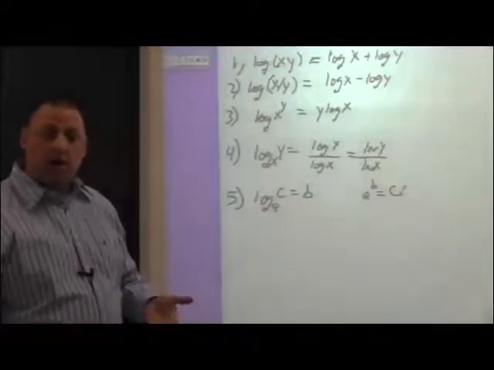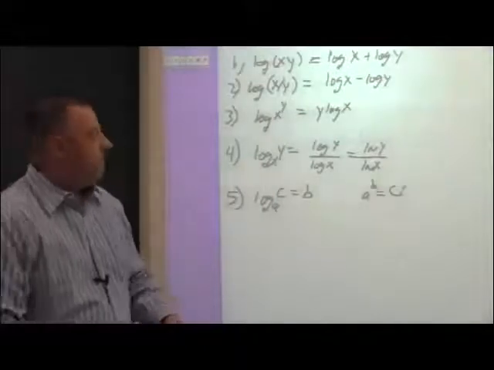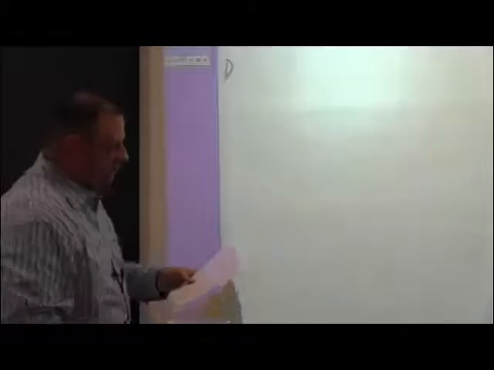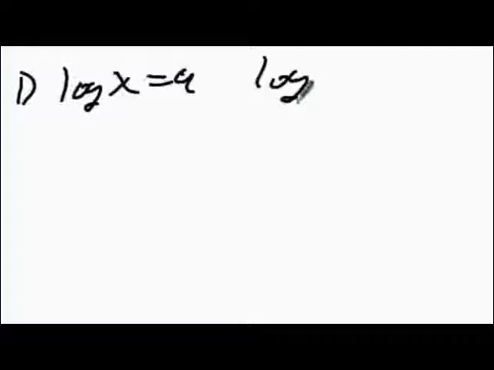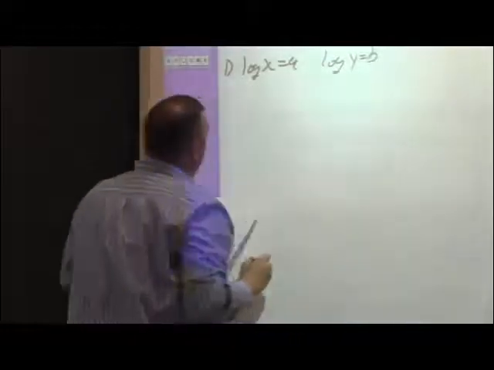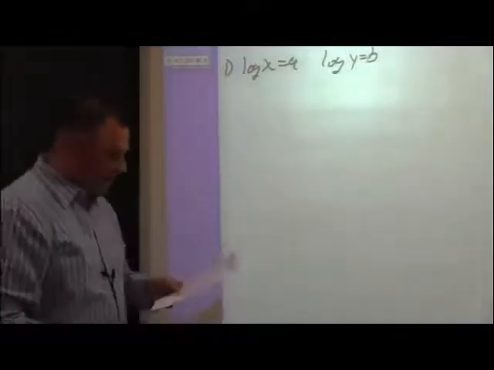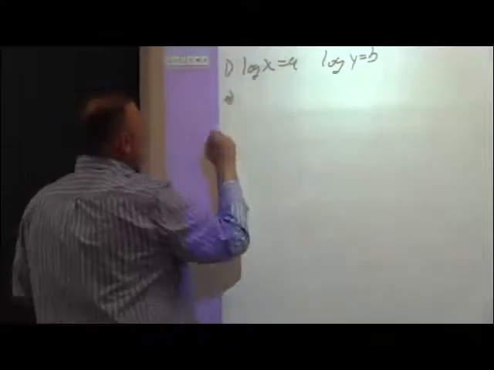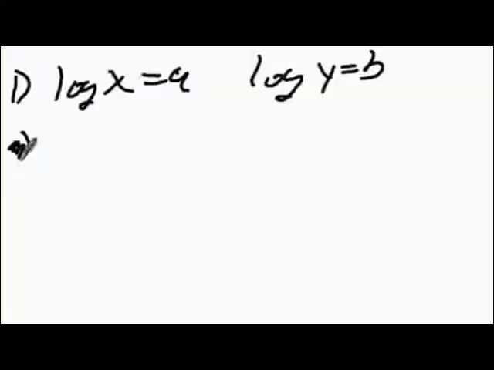Now let's look at some problems that you might encounter on the ACT. All right, the first one, they could give you an expression. They could say log x equals a, log of y is equal to b. And then they can develop some different kinds of questions. I'll call this question part A, and all these go with the given information.